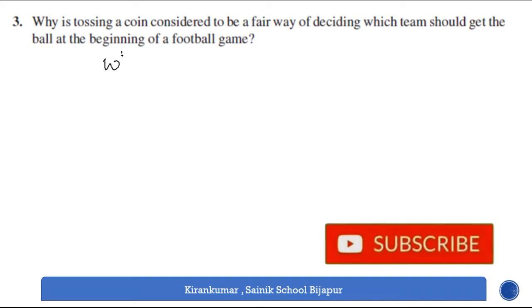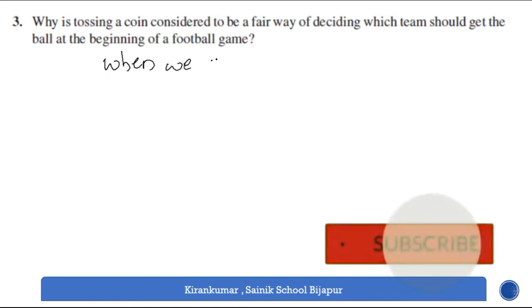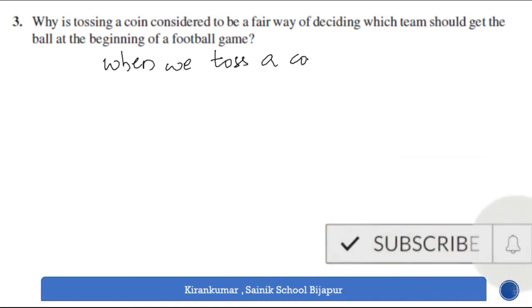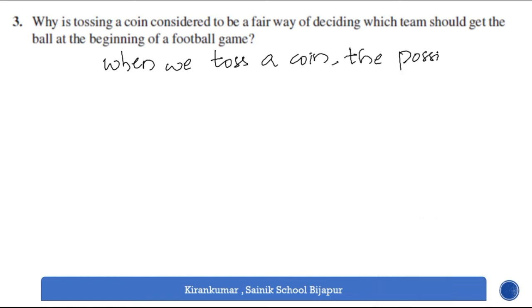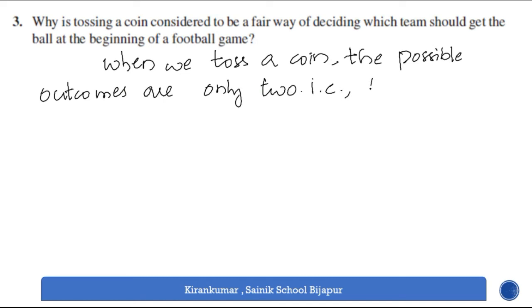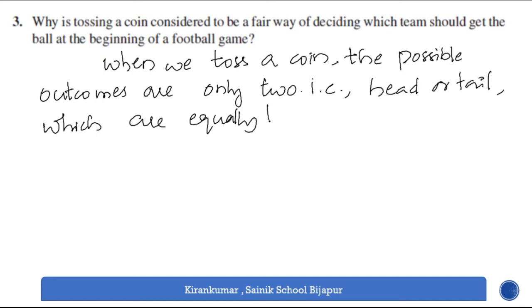So let me mention that when we toss a coin, the possible outcomes are only two, that is, head or tail, which are equally likely outcomes.